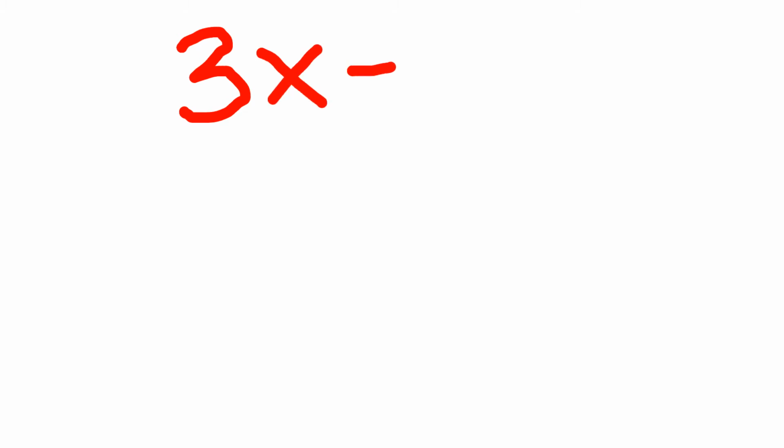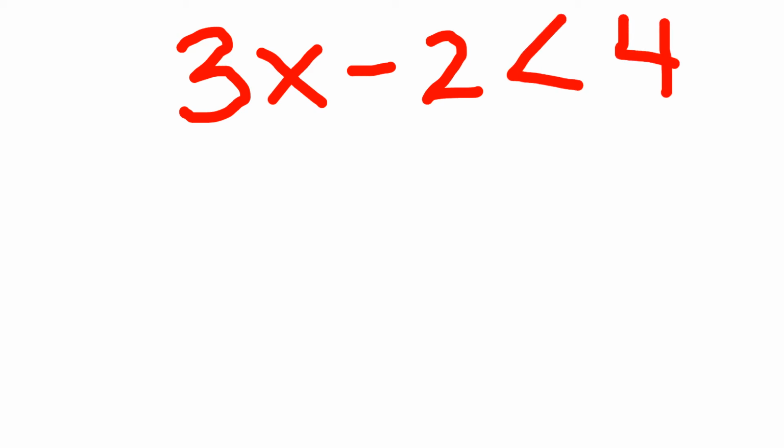Let's check a couple solutions to see that we got the correct answer. We started off with the inequality 3x minus 2 is less than 4. We said that when we solved it, we got that x was less than 2.